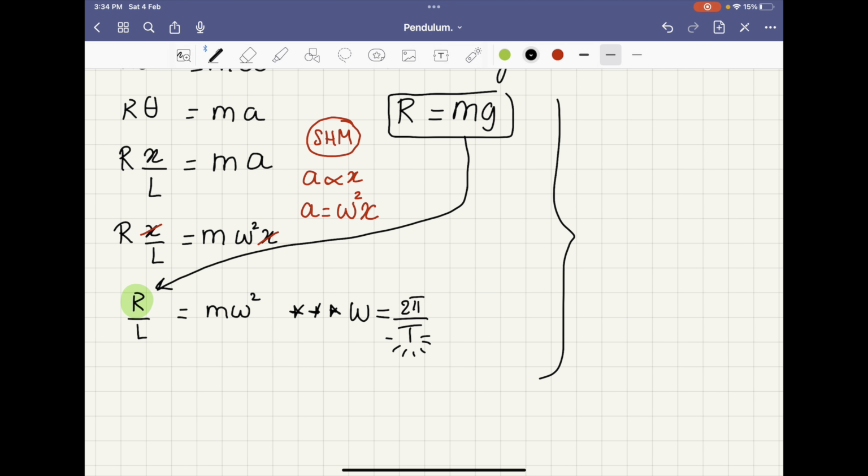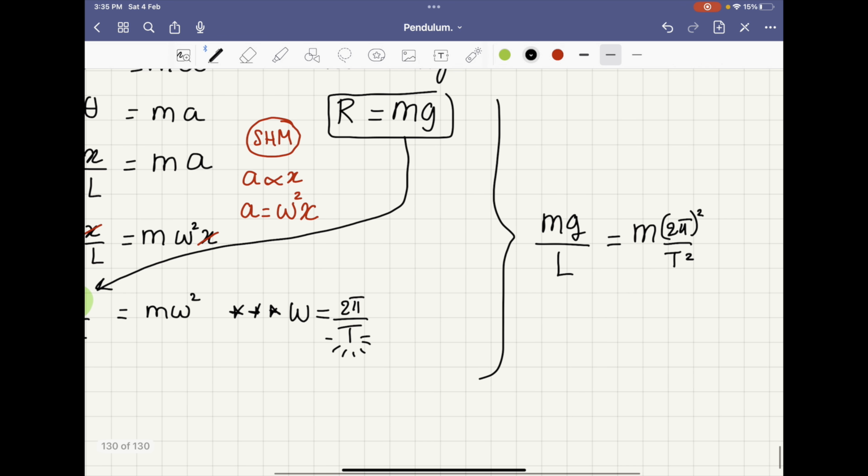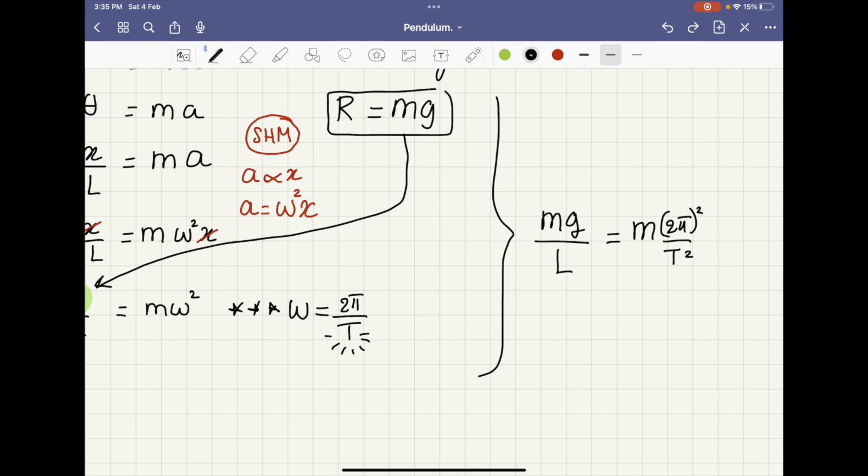So mg divided by L is equal to m times omega squared, and I'm going to replace omega squared directly by this, so 2 pi over T, that's squared, since it's omega squared. I'm going to simplify by m.